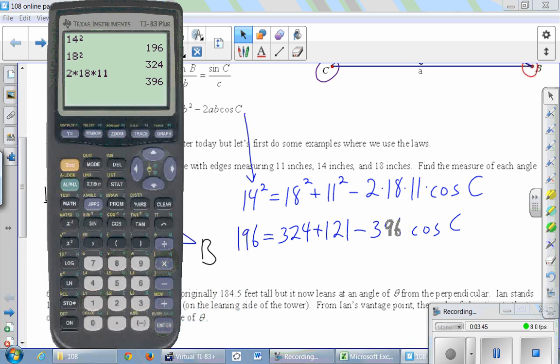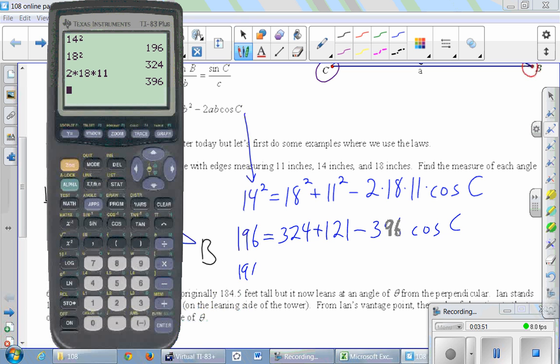The human calculator. Okay, and so now we'll combine here. So we go 196 equals, we'll add these two things together, 445 minus 396 cosine of C.